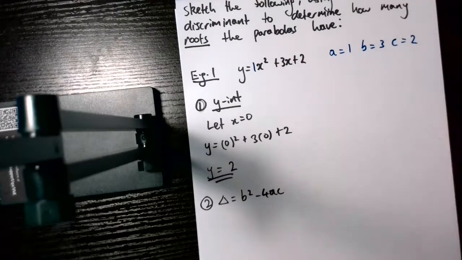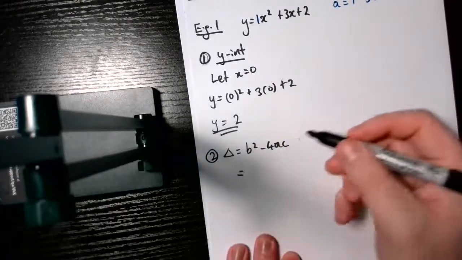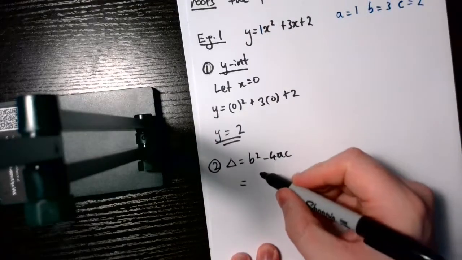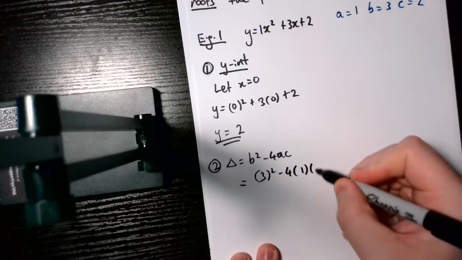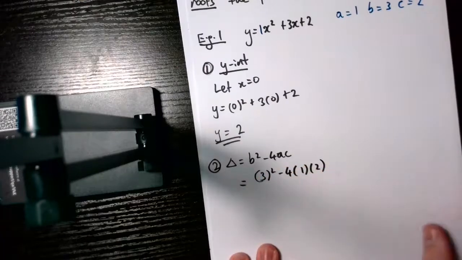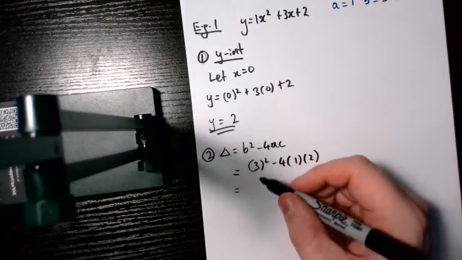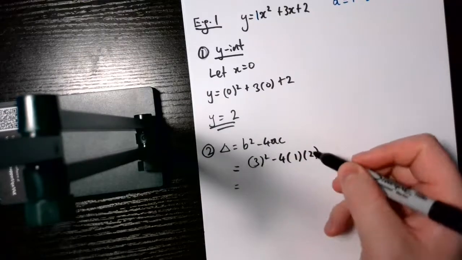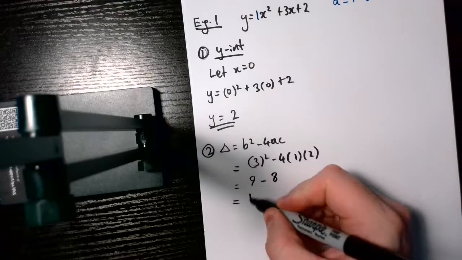To calculate the discriminant, it's equal to b squared minus 4ac. That's equal to 3 squared minus 4 times 1 times 2, and I put every single step in there just so I don't forget anything. What we end up with is 3 squared is 9, minus 4 times 2 is 8, so 9 minus 8, which gives us 1.